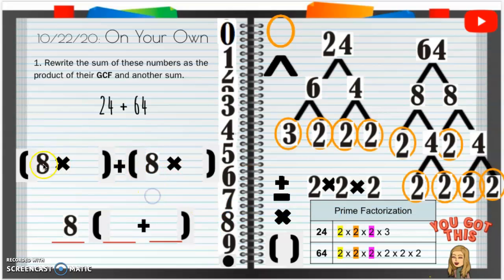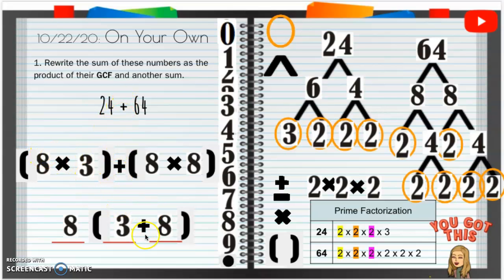Now, 8 times what equals 24? Well, I know 8 times 3 equals 24, so I'm going to put that 3 here. What about 8 times what equals 64? Oh, I know 8 times 8 equals 64, so I'm going to put that whole 8 here. Now let's check it.